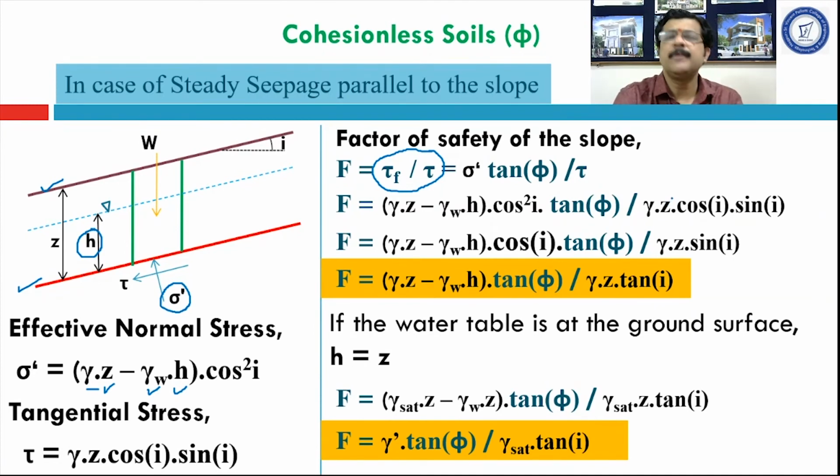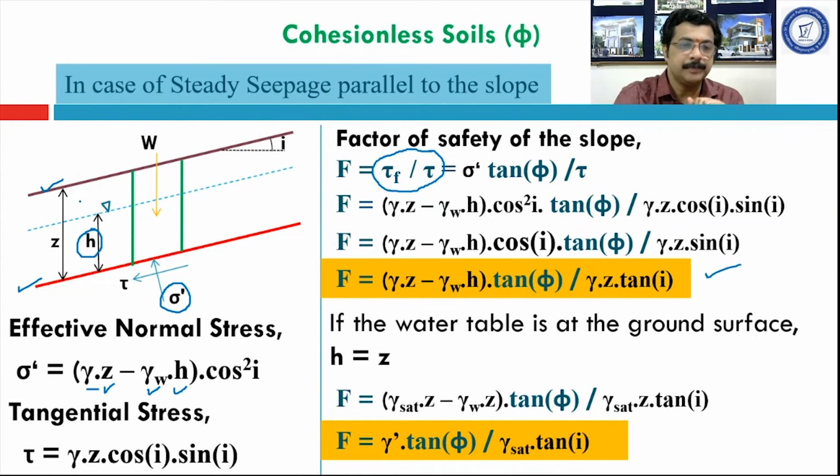Now after simplifying this, we will get this equation, that is F equals (gamma z minus gamma w h), this would be the quantity in bracket, tan phi divided by gamma z tan i.